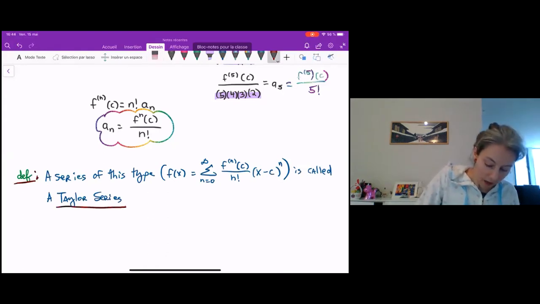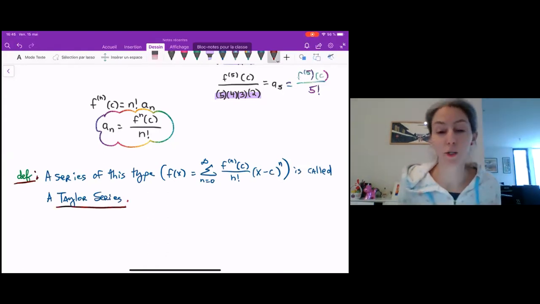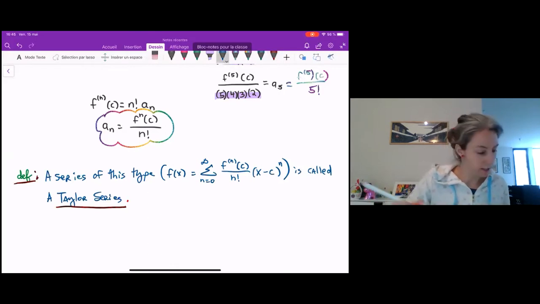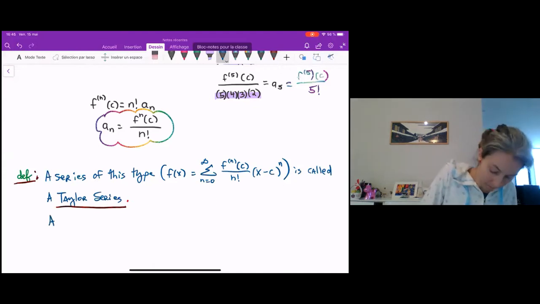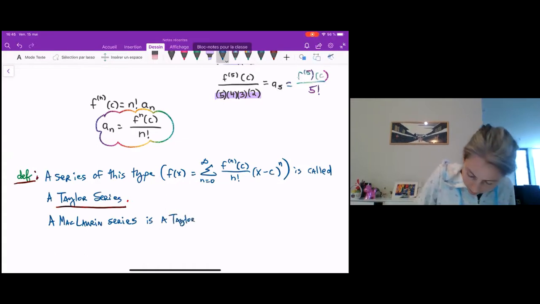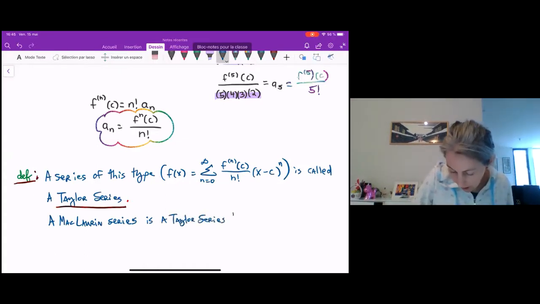And if I were to change this so that the center of this series is 0, well, that's going to make things easier because I'm plugging in 0 to find that derivative. That's what's called a Maclaurin series. So a Maclaurin series is a Taylor series that is centered at 0.